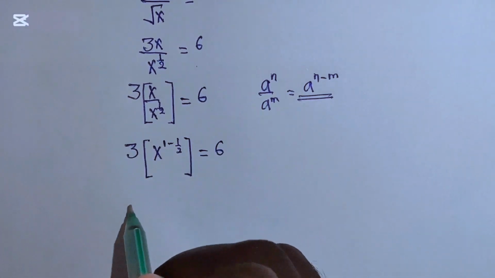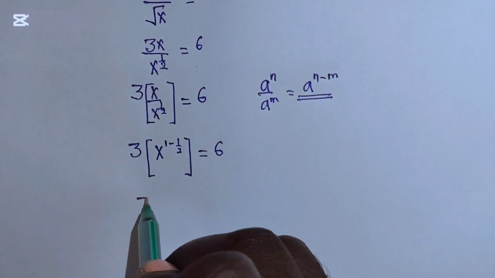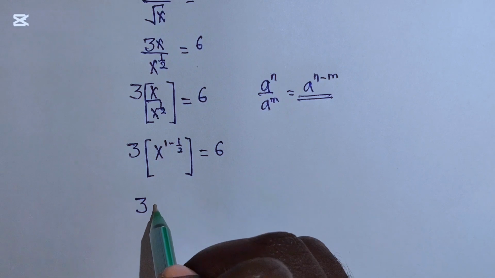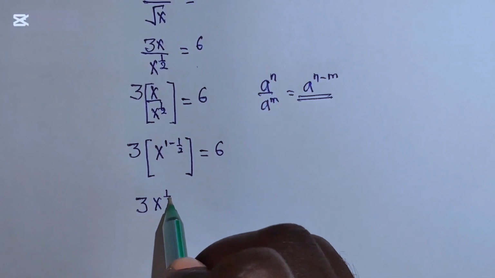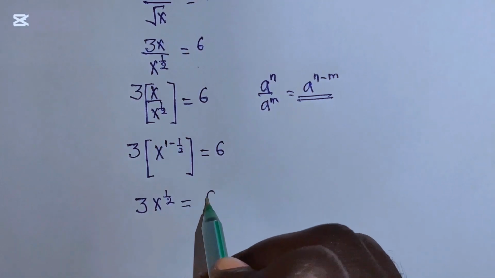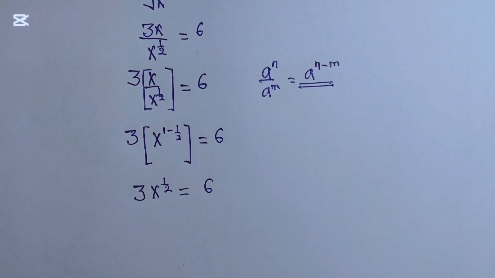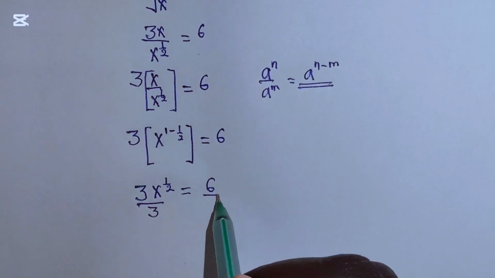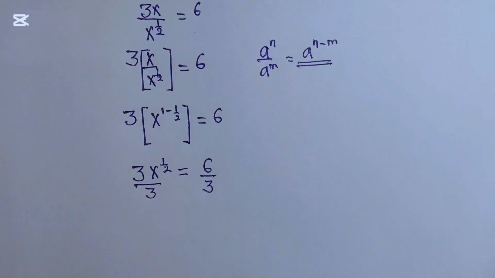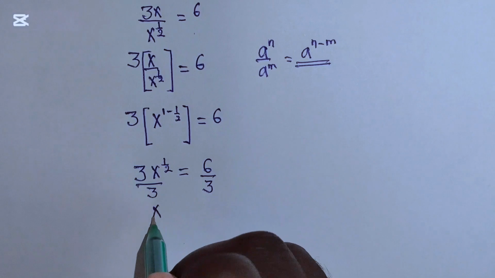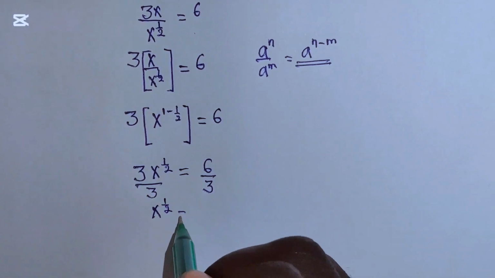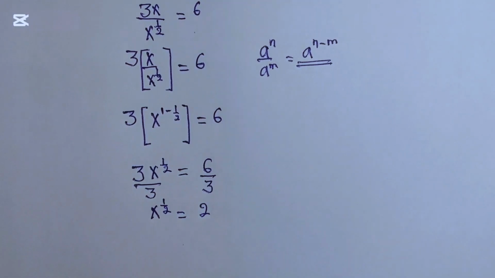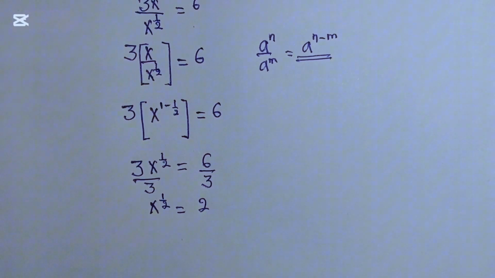So 1 minus 1/2 is equal to 1/2, and so this is equal to 3x to the power of 1/2, which equals 6. Then we can divide by 3 on both sides to get x to the power of 1/2, which equals 2.